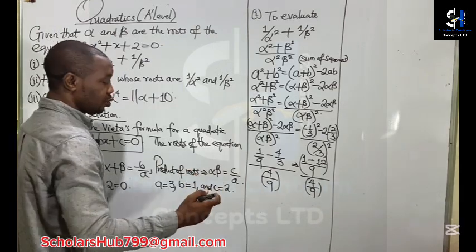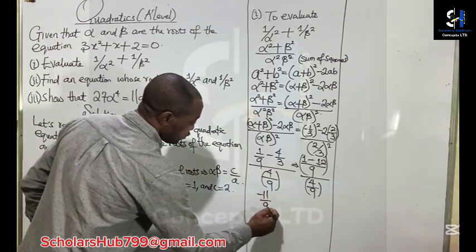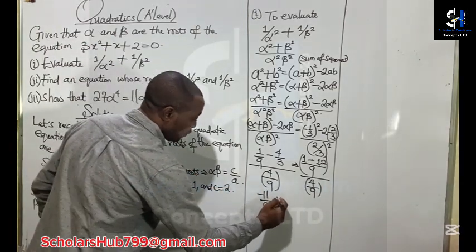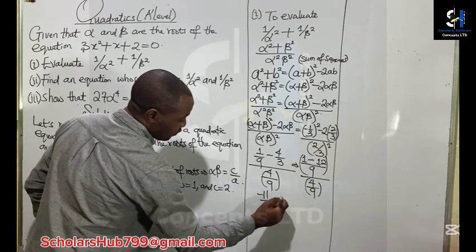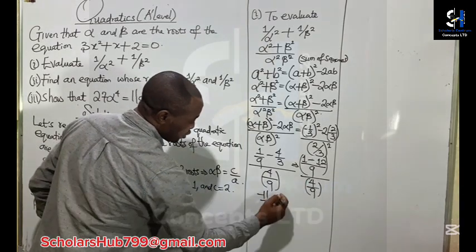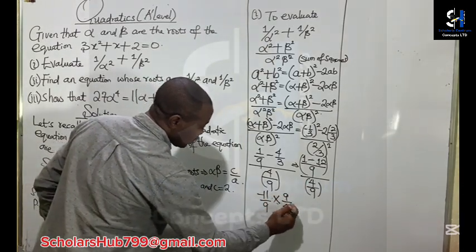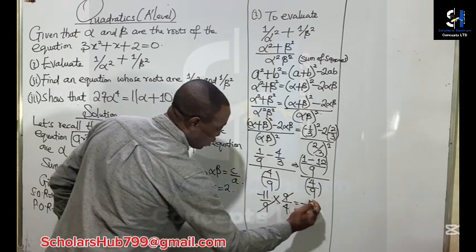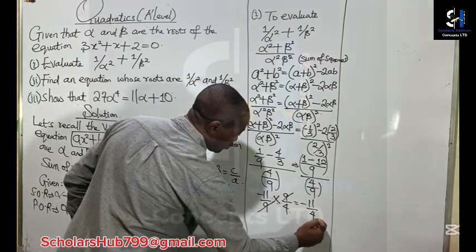So 1 minus 12 is -11 over 9. When we flip the fraction, after we change the division sign to multiplication, this will be 9 over 4. So this becomes -11 over 4.